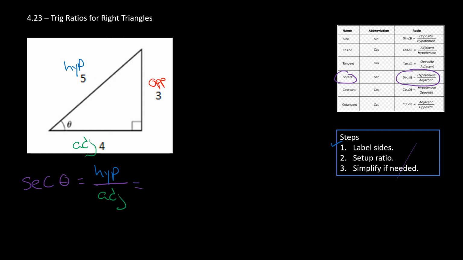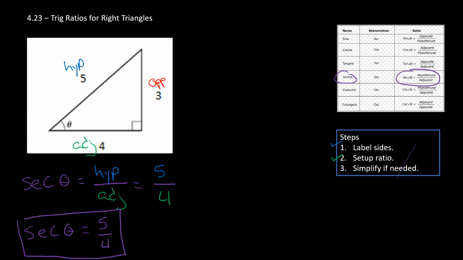Our hypotenuse value for this question here is 5, divided by our adjacent value here, which is 4. We're done with our ratio. To get our simplified value here, well, 5 over 4 does not simplify, so we can say that secant theta is equal to 5 over 4. Done.